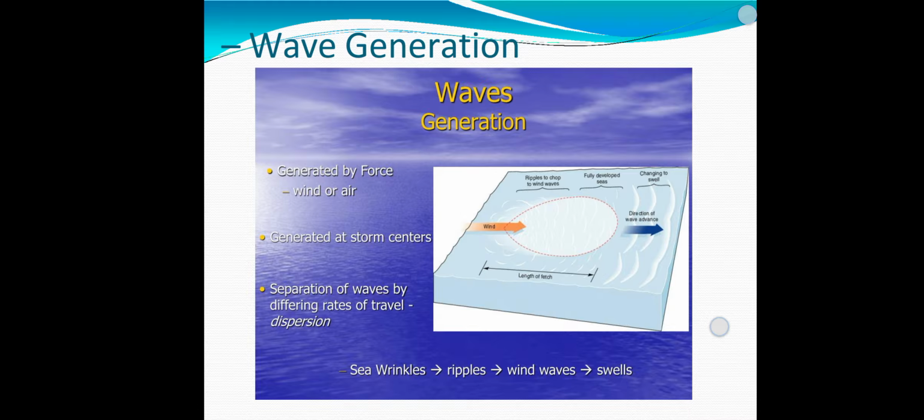So these are the important aspects of wave generation. First the frictional force is generated, then wrinkles happen, and the wrinkles result in the formation of imprints of wave action, that is ripple marks.